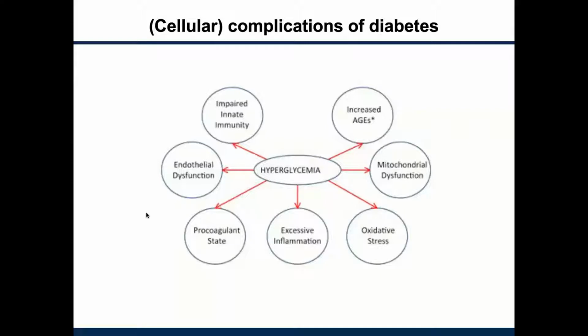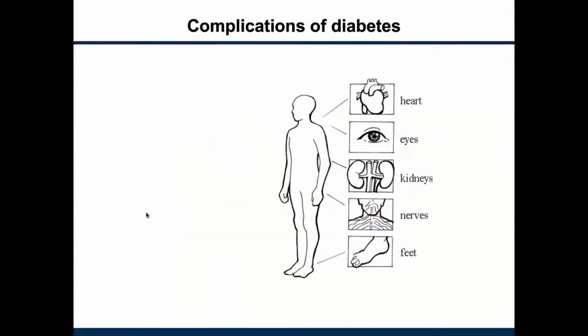So many things that can affect the cell's behavior. And all of these cellular deficiencies in the end also contribute to the complications that we see in long-term diabetes, such as complications of the cardiovascular system, the eyes, the kidneys, the nerves, and of course also the diabetic foot syndrome.